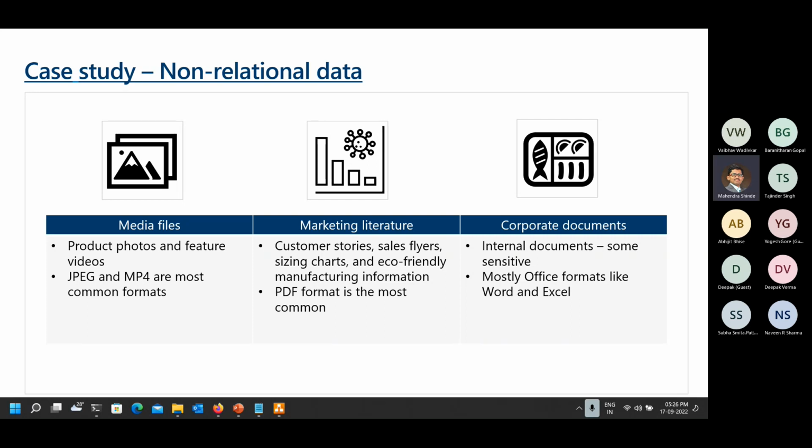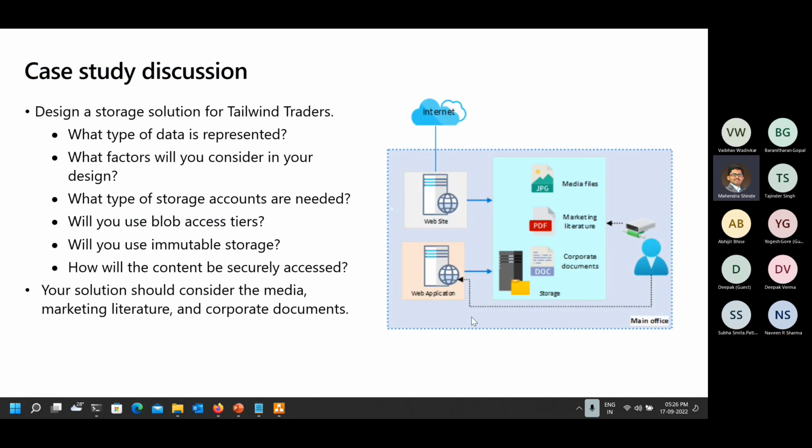They all are non-relational, but because they are JPGs and MP4s, binary files. And guess what? Blob has one more feature. It supports streaming. So that's why it becomes a valid solution.